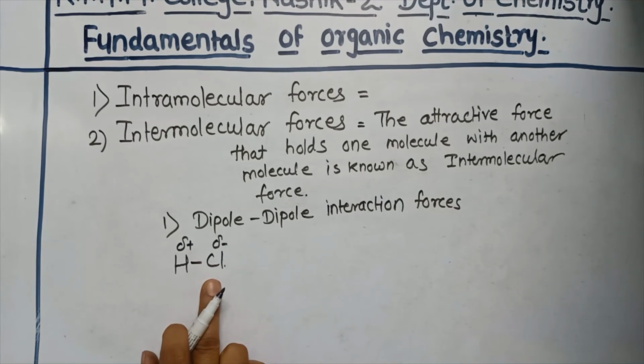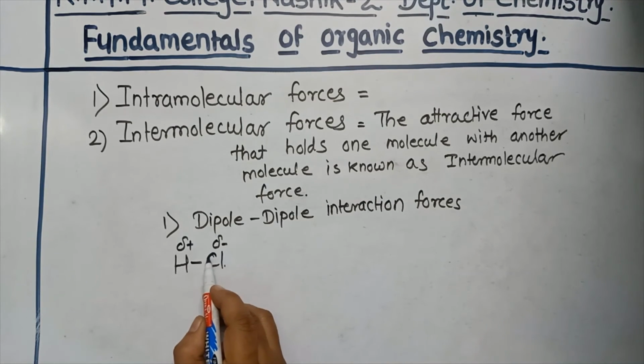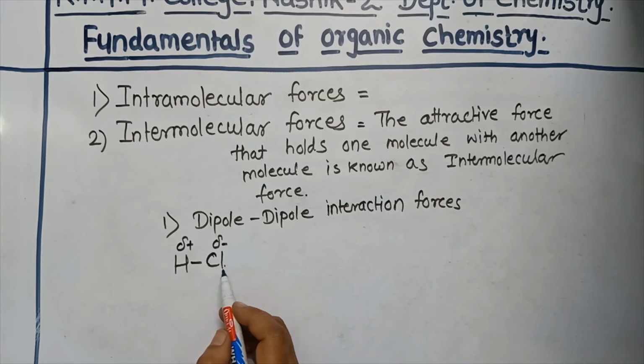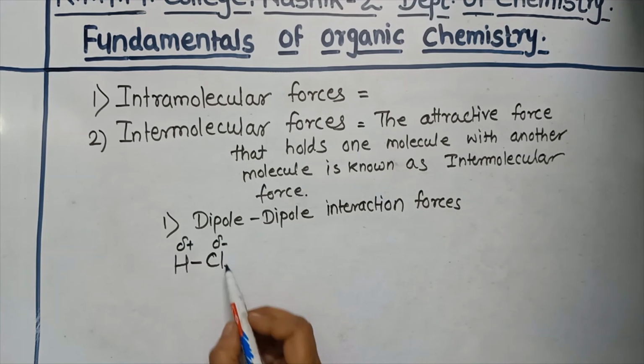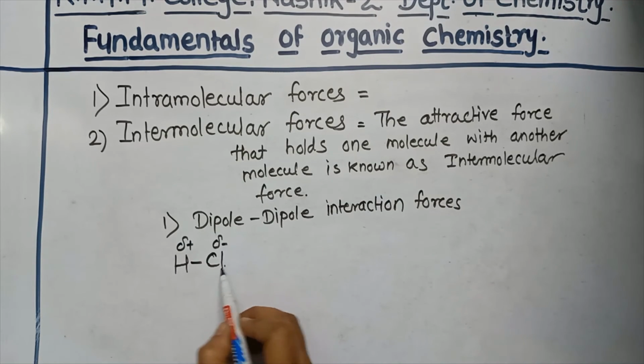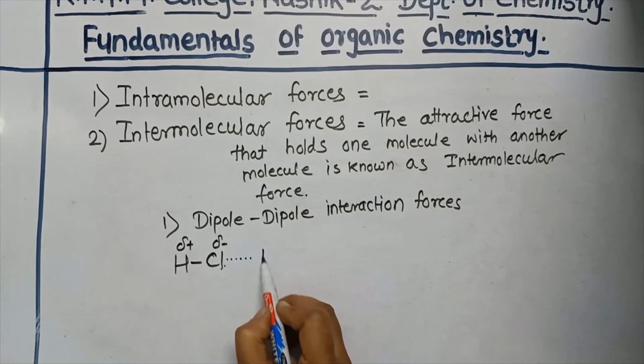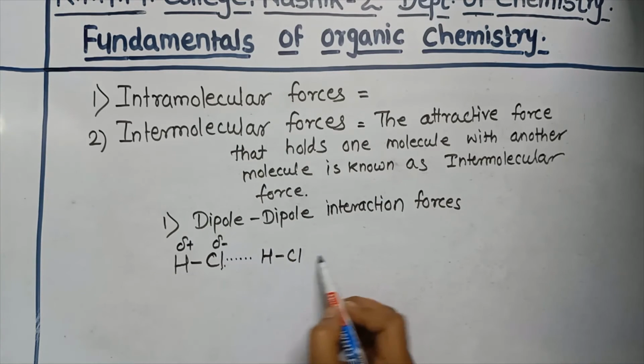Because chlorine is more electronegative, it attracts the electrons towards its side, and due to that it acquires the negative charge. There is a large difference between the electronegativities, and due to that the negative end of one molecule is attracted by the positive end of another molecule.